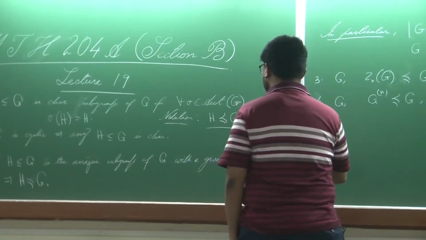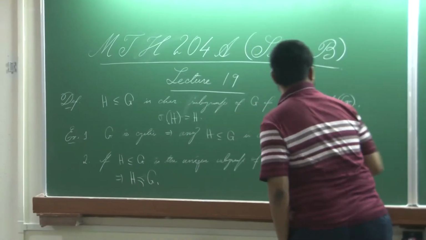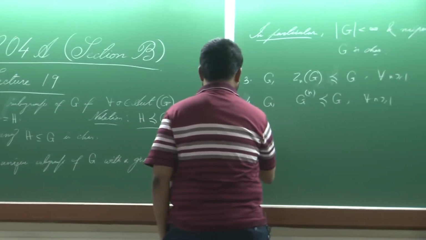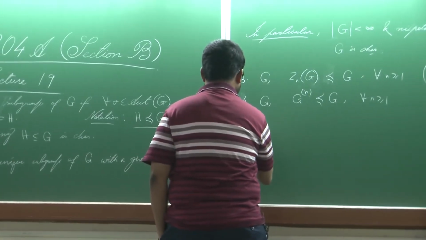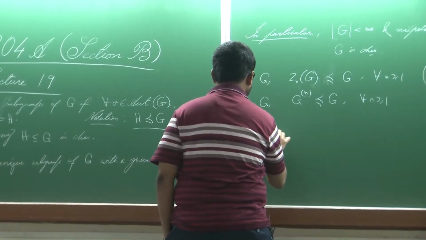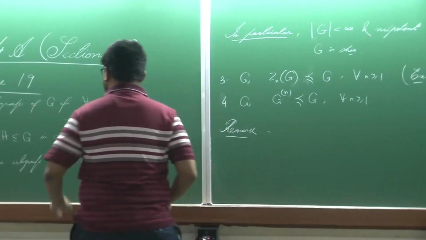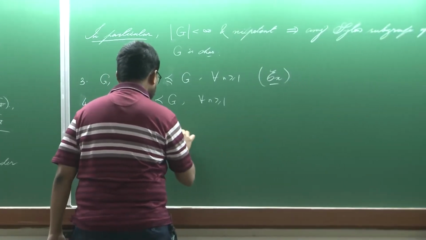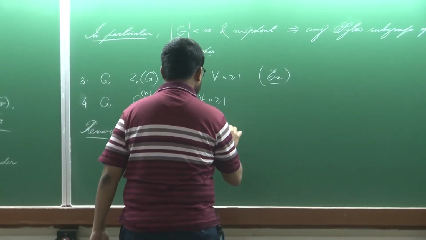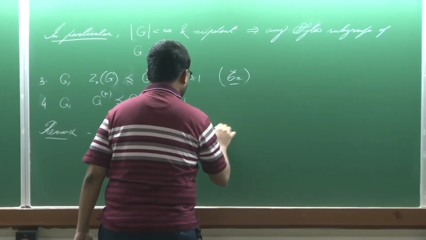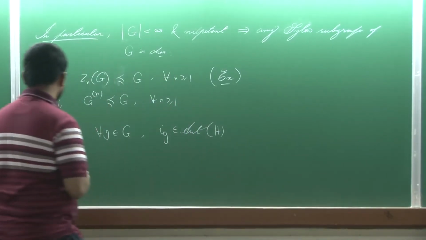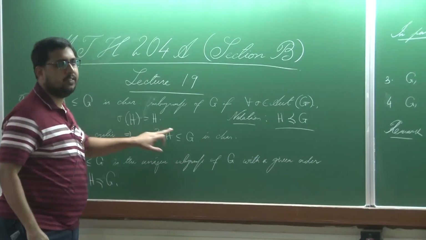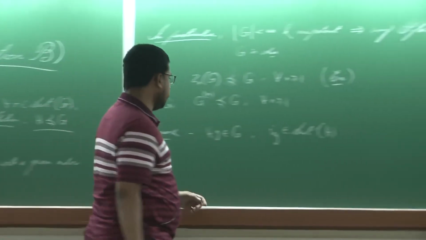Now, let me put the reason for calling this strongly normal. So, for any given g in G, remember Ig is basically conjugation by g, and if H is characteristic, then Ig of H, which is gHg inverse, is H, therefore that shows H is normal.